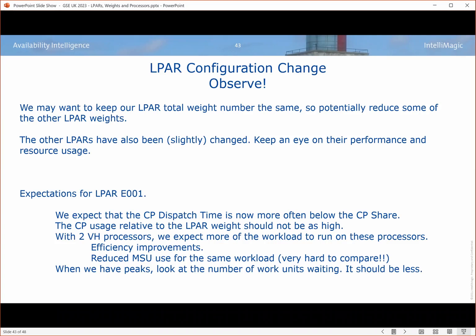In addition, when we look at this LPAR workload after we've made these changes and we have peaks, it's interesting to look at, well, how many work units are now waiting? Has that changed? Has that improved? Are the peaks less painful than they were beforehand? That's what we also wanted to look at. So observing is very, very important after you've made a change.